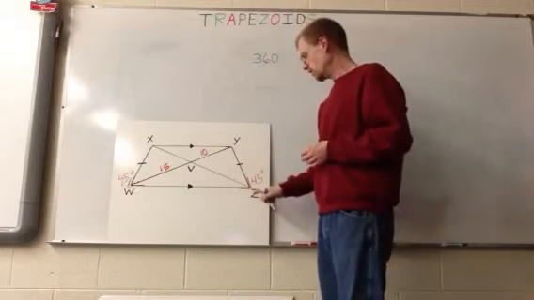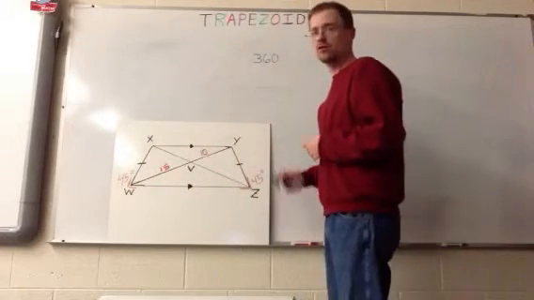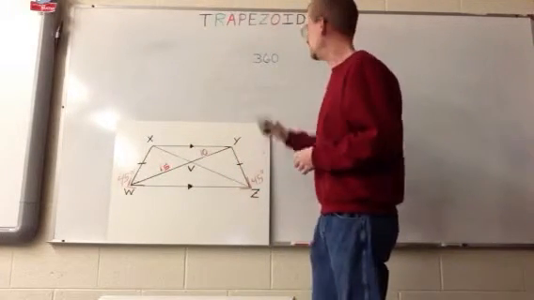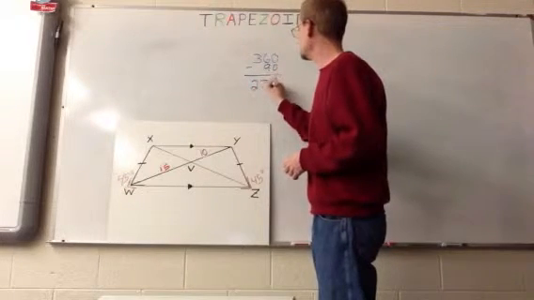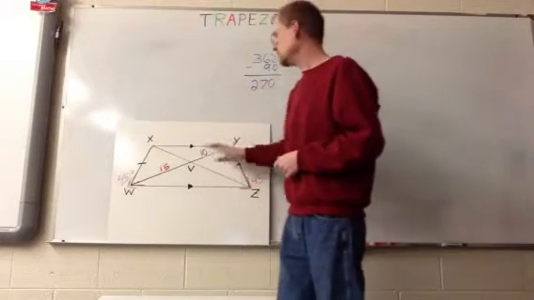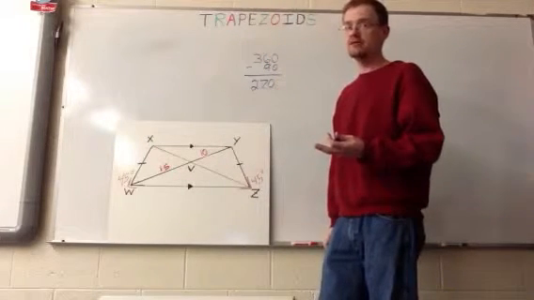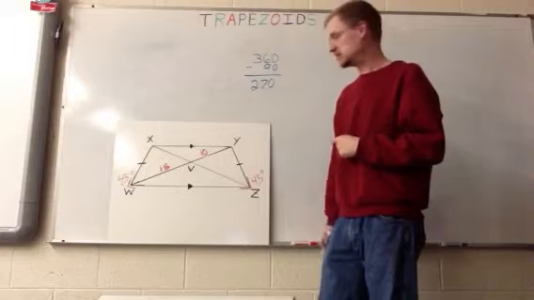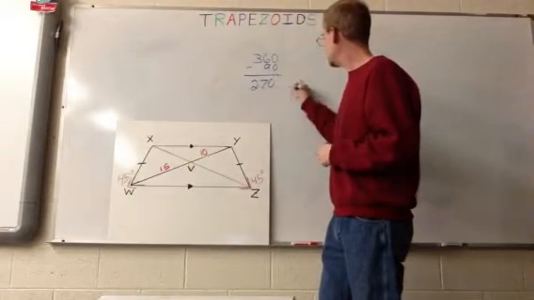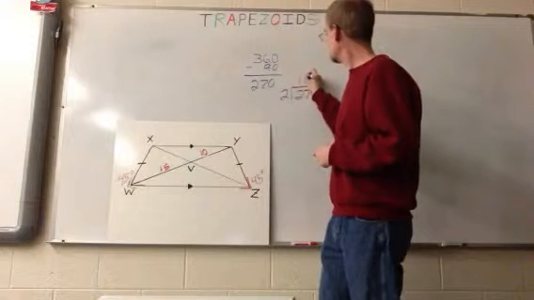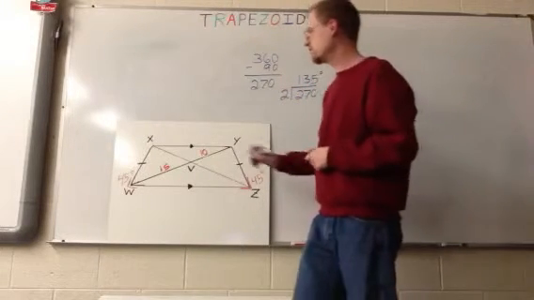If this one is 45 and this one is 45, we've already used up 90 degrees. So we have 270 degrees left between these two base angles. If they're congruent, and they are because it's isosceles, we take 270 divided by 2. That gives us 135 degrees.